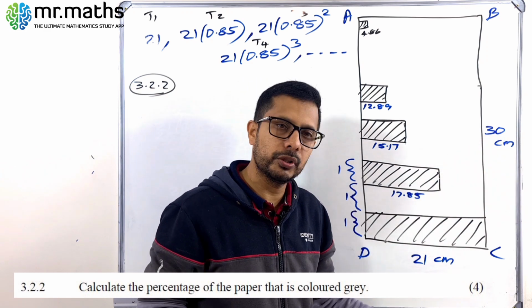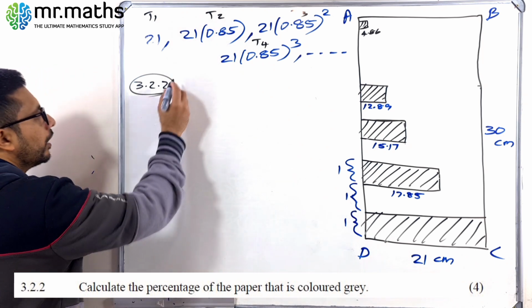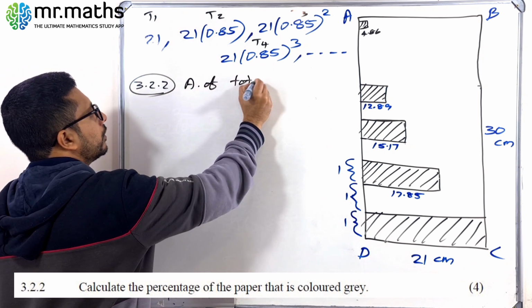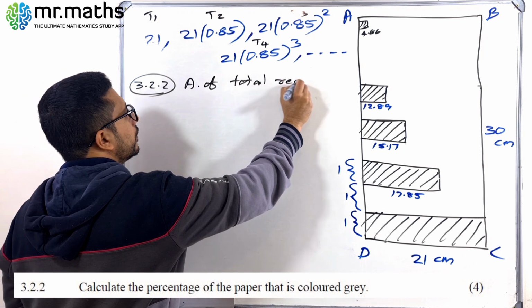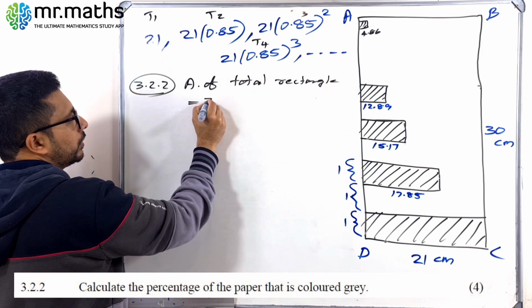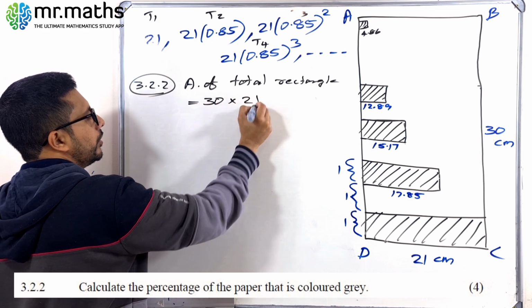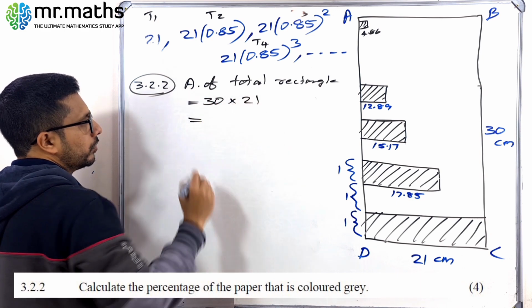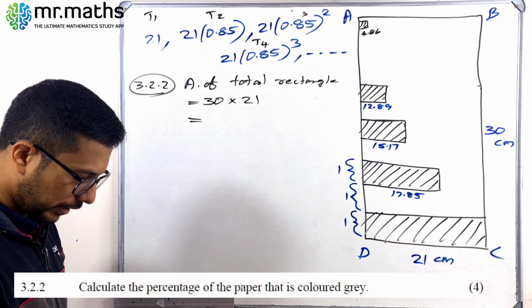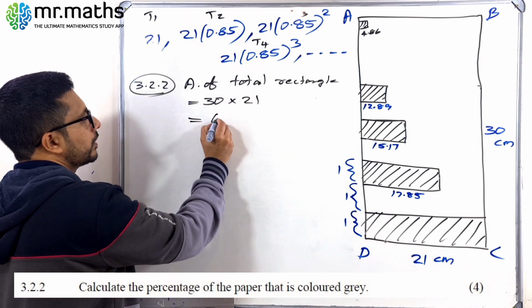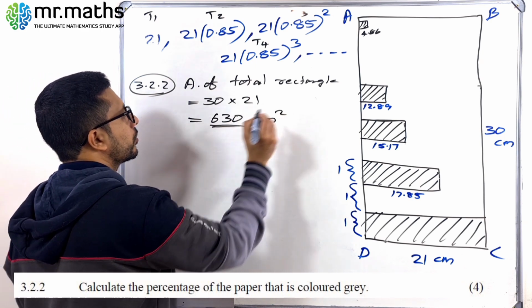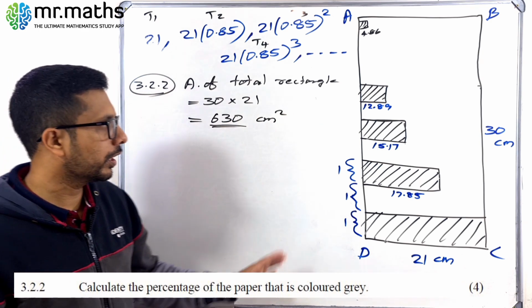So the area of the total rectangle is equal to 30 times 21. Check in your calculator, what is the answer for that one? It is 630 centimeter square. So that is the area of the total rectangle.